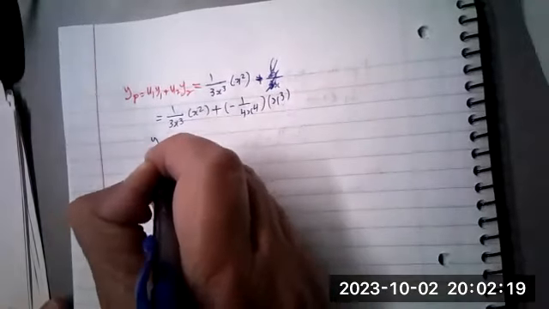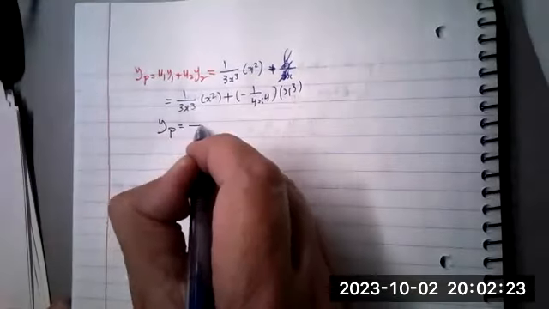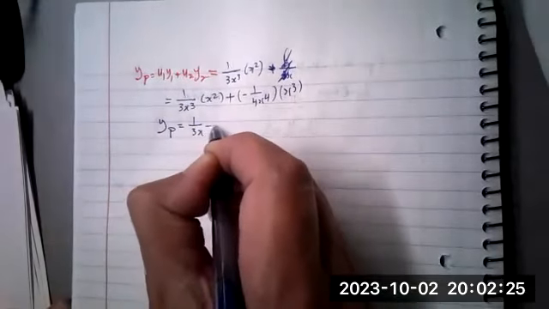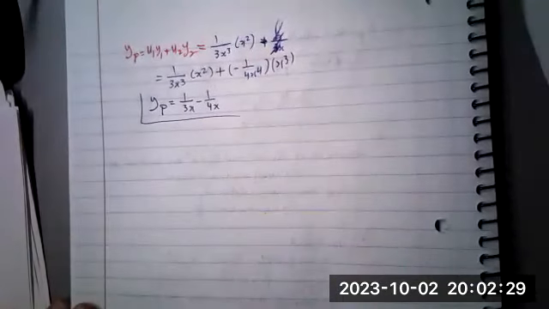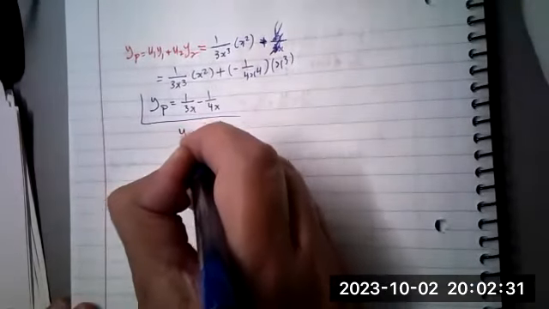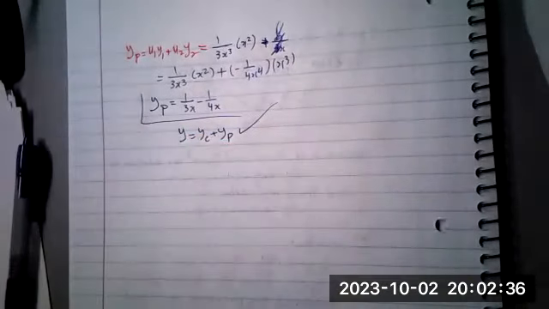Simplify. What's going to be the result? 1 over 3x minus 1 over 4x. That is the yp. The final answer is yc plus yp. And then to simplify the yp, the 1 over 12? No, not the variance. Okay, that's going to be yp.